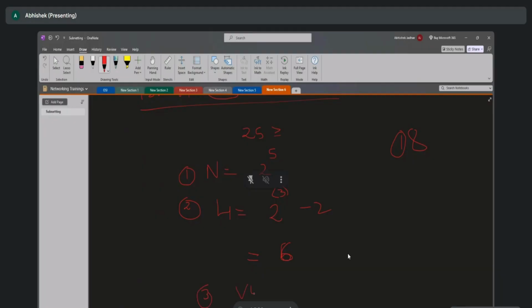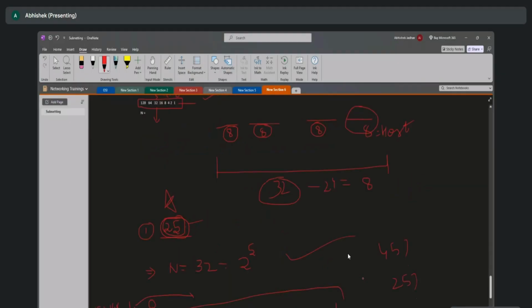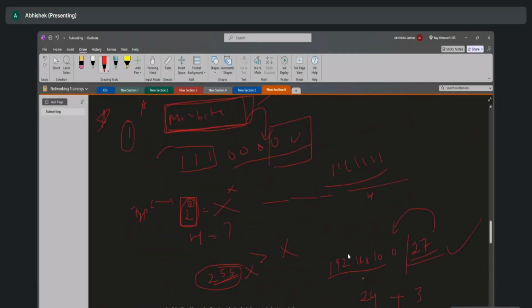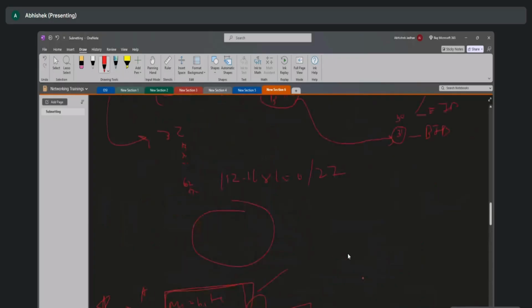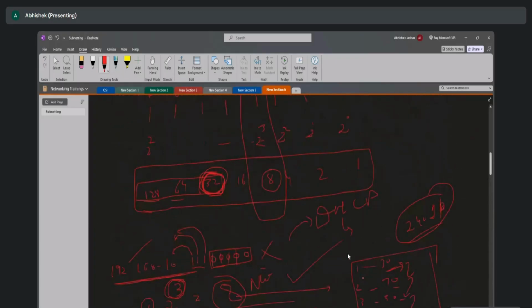Now, what's the next step? Tell me the VLSM value. What's the VLSM value here? Yesterday, how did we find the VLSM? So for VLSM, what did we do yesterday?